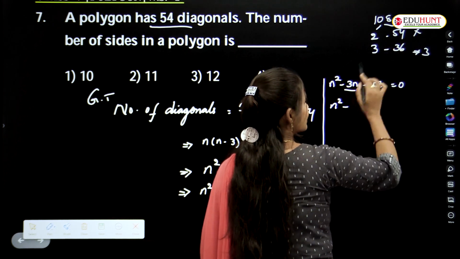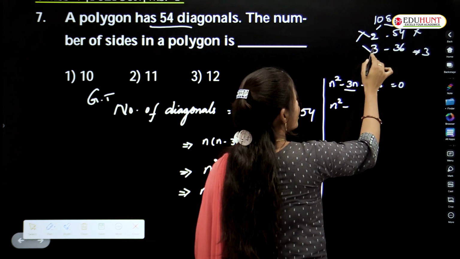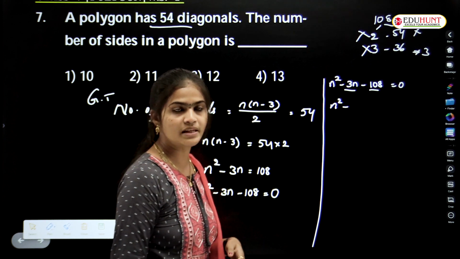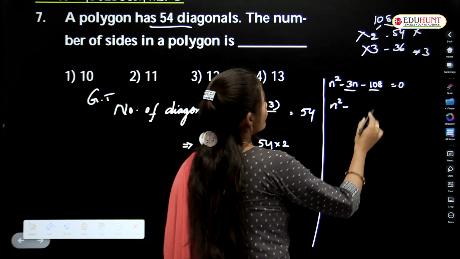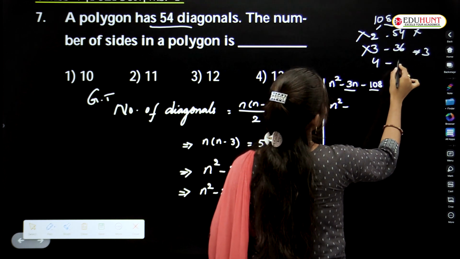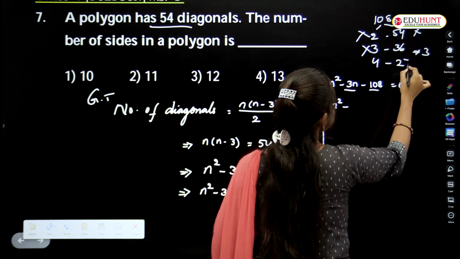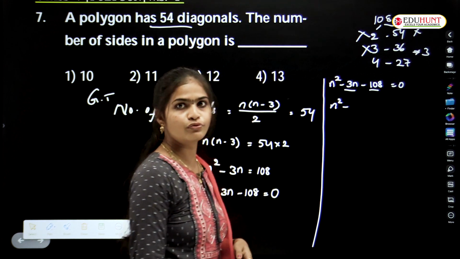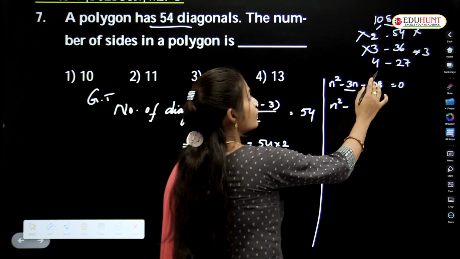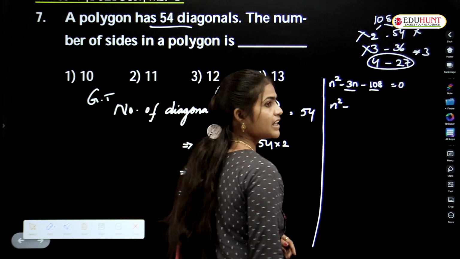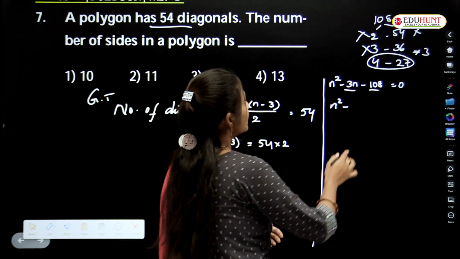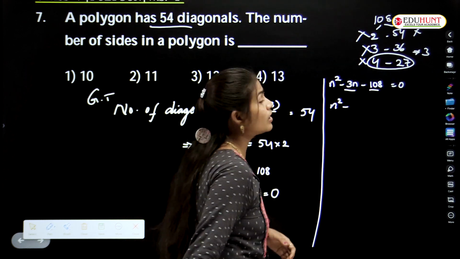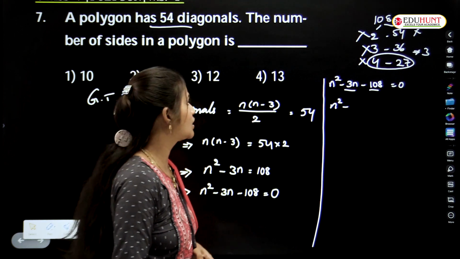So this is also not possible. Now take 4. Is the number divisible by 4? Yes. 4 twos are 8 and 4 sevens are 28, so 27 into 4. But the difference between 27 and 4 is not equal to 3, so that is also not possible. And this number is not divisible by 5, so no need to consider that.